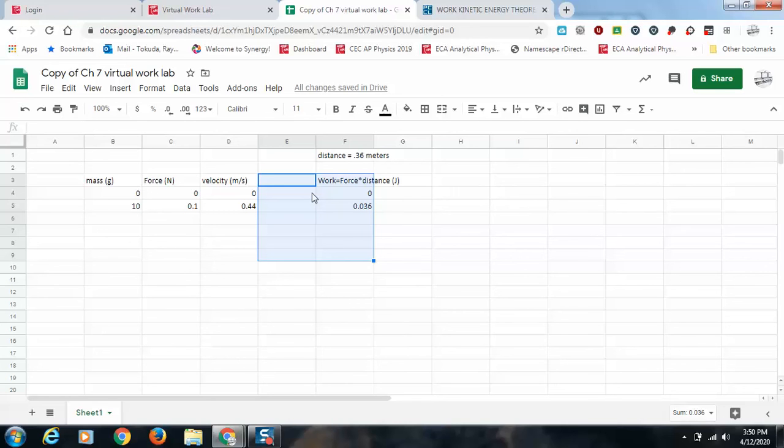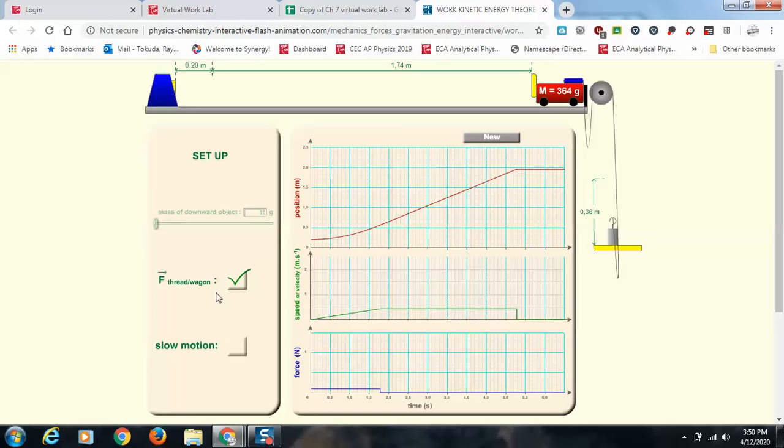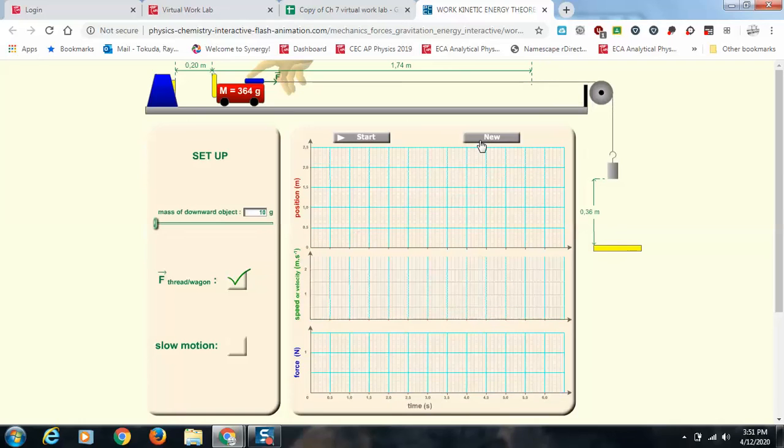Now, in addition, you're going to have to find the equation and the k-value that relates velocity to work. And in addition to that, read through the graph, and you're going to have to make a prediction based on the amount of mass that you have to enter. And for the mass, notice I have to click New.